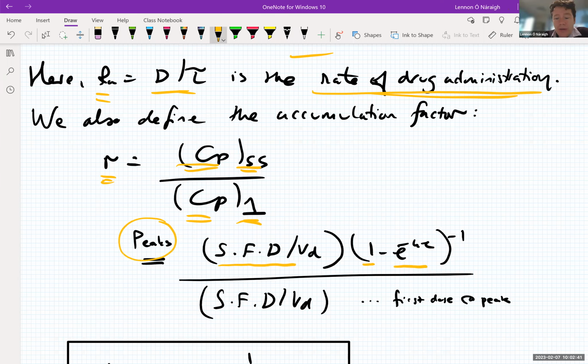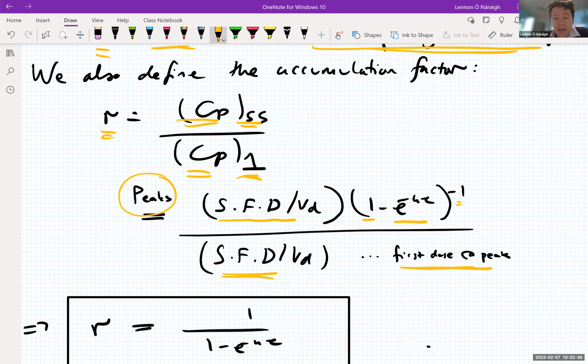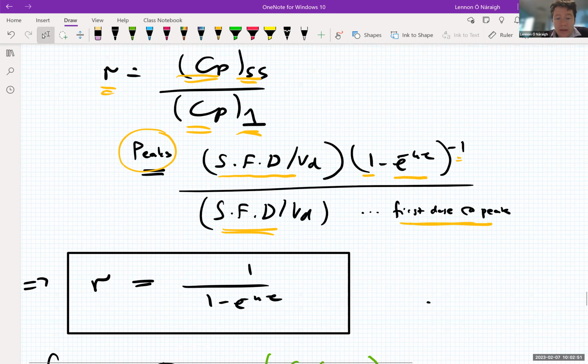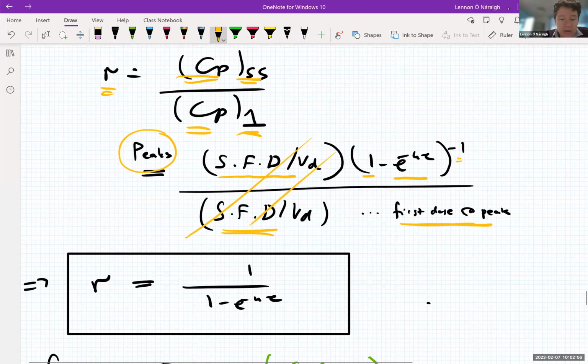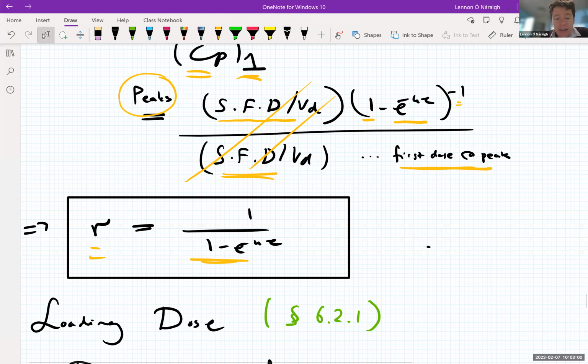And after the first dose, at time 0, the amount of drug in the body is SFD over VD. So you get cancellations, and so this accumulation factor is R equals 1 over 1 minus e to the minus k tau.